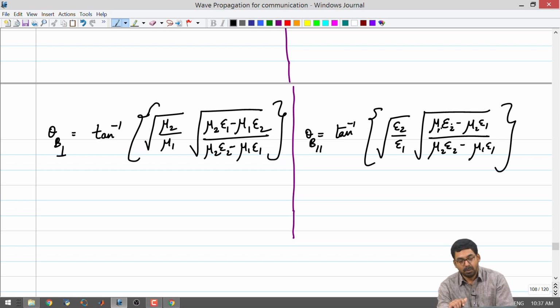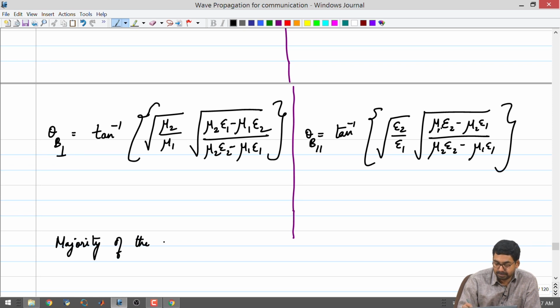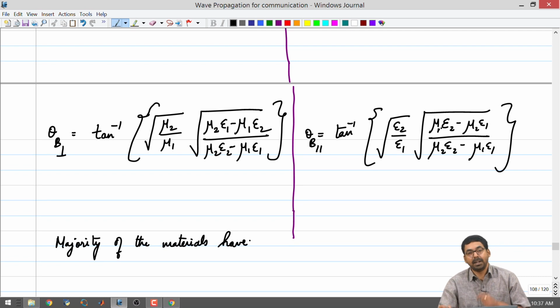Now, this is the final expression, but one could also go one step further and make it a little bit simpler for many people, in the sense that the majority of the materials, not all materials, have to undergo this. The expression that we have got is final and it is correct.